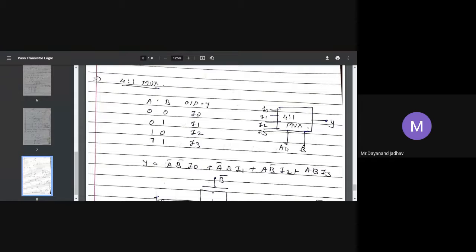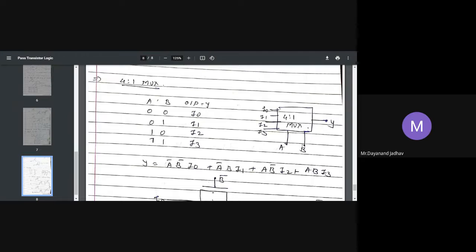Here I0, I1, I2, I3 are the inputs, A and B are the select lines. In the 4 to 1 mux, 2 raised to the number of select lines equals the number of inputs: 2 raised to 2 equals 4 inputs. Therefore output is only one, and it is selected by using select lines.